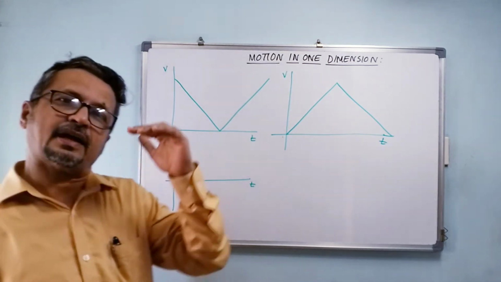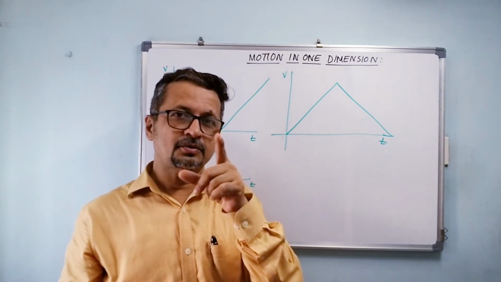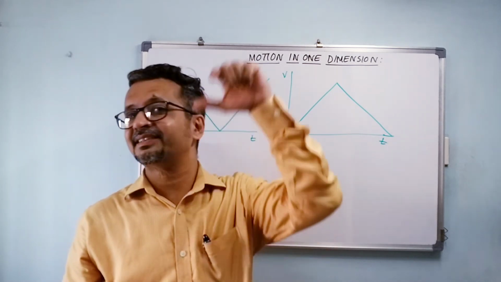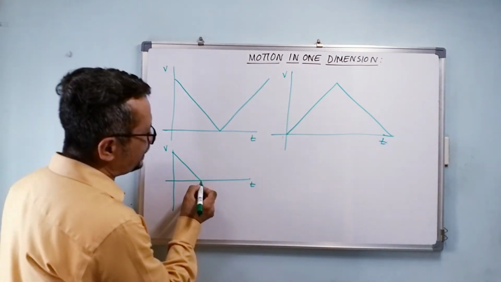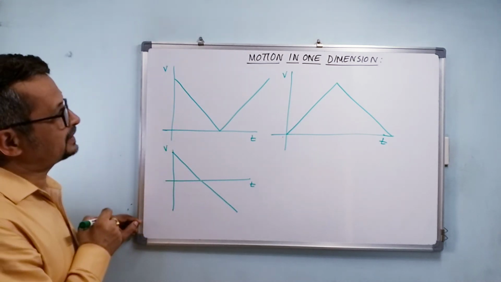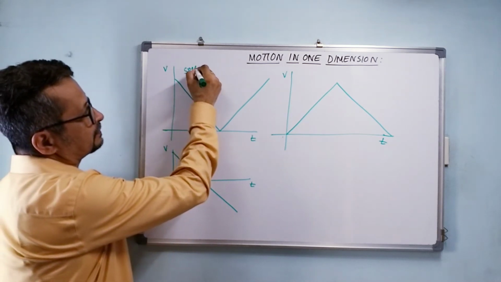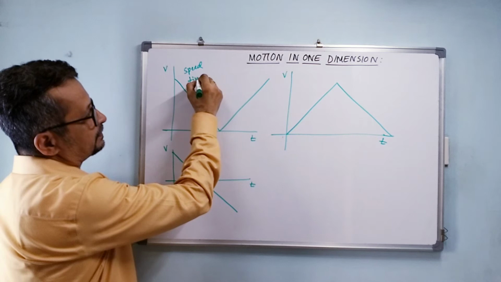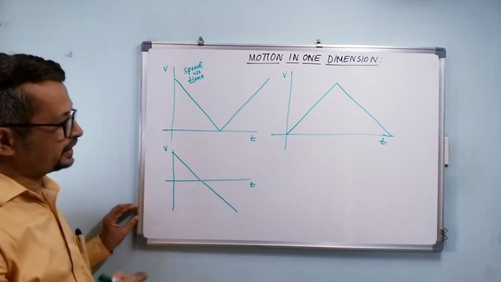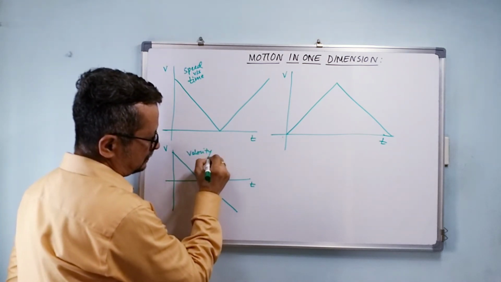Now the object will start coming down, isn't it? While coming down, its velocity goes on increasing, but then it increases in the opposite direction. Okay, so now my velocity is going to increase like this. Correct? What was this? This was speed with time. Speed versus time. Okay, and this is velocity time.